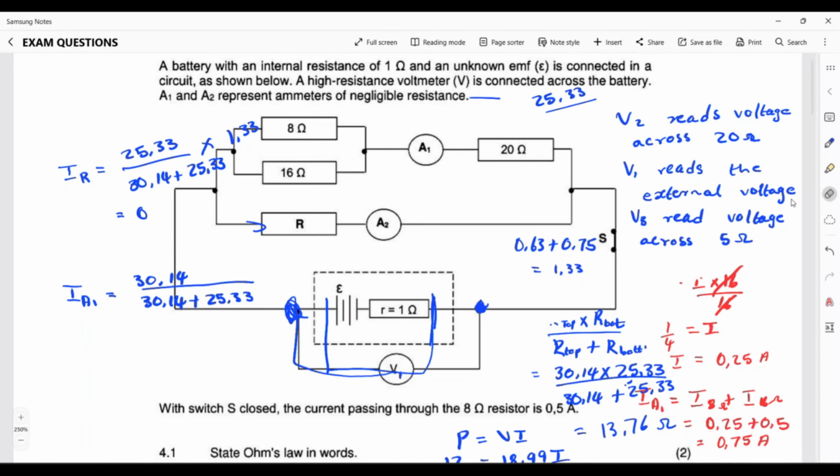Are you getting the same answer? The current was 1.38. Oh, sorry, 1.38. So you're going to multiply by 1.38 over there. And then what value do you get? 0.63. Okay, 0.63 over there.